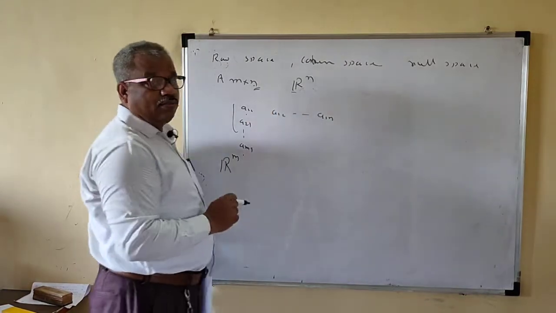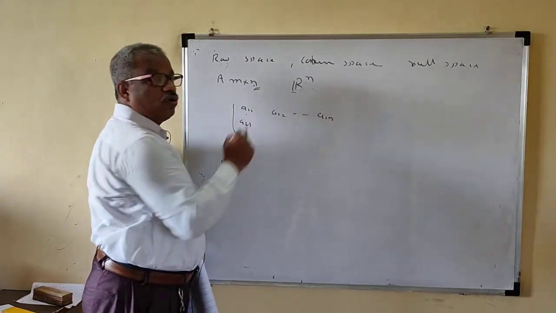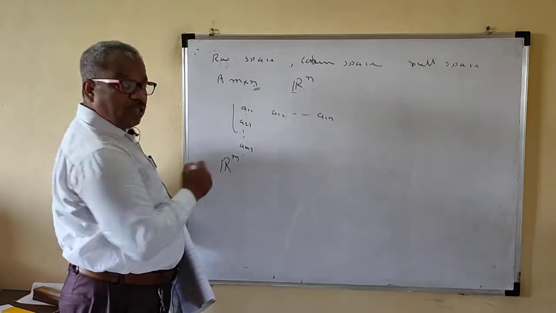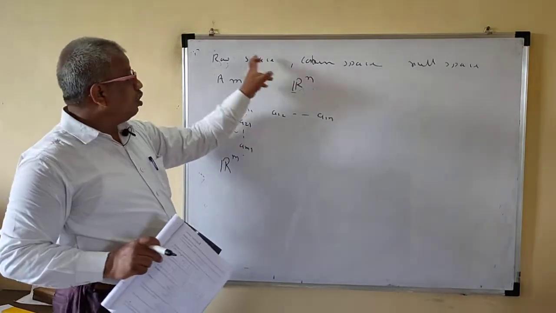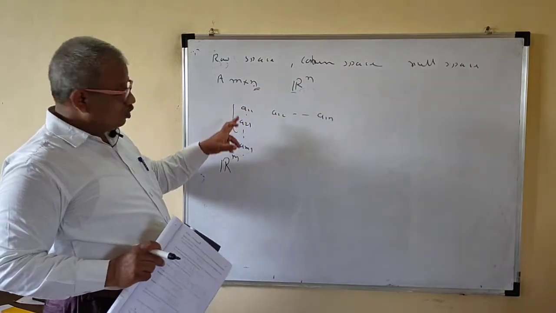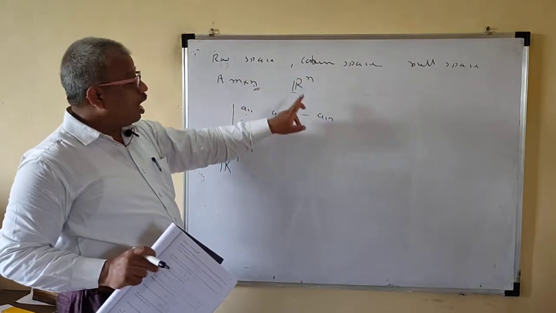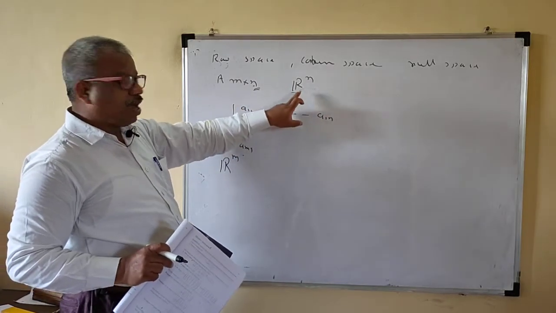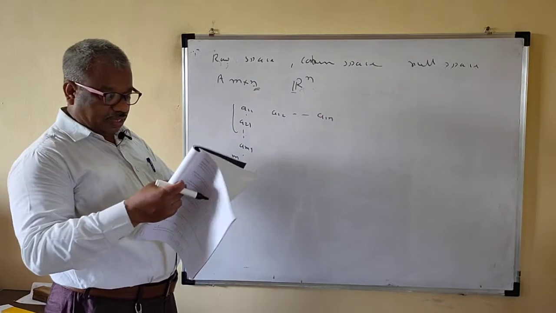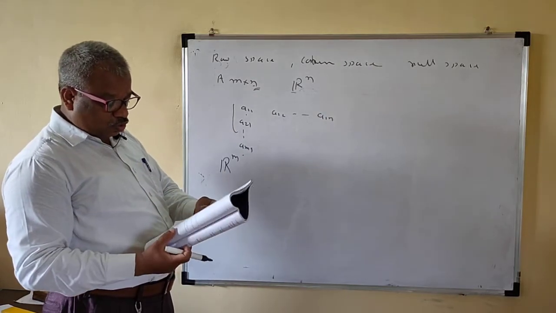Note this. The row space means the space spanned by the row vectors of A, a subspace of Rn. That is called the row space.